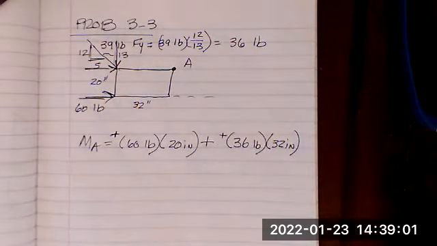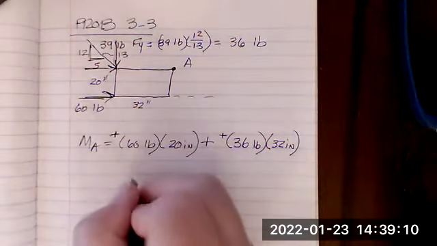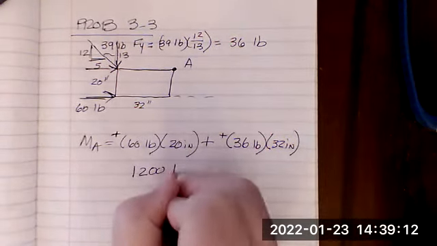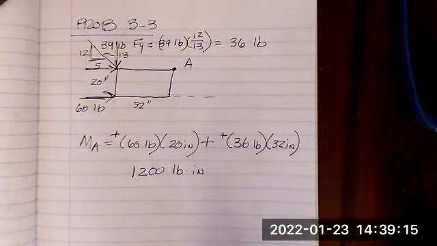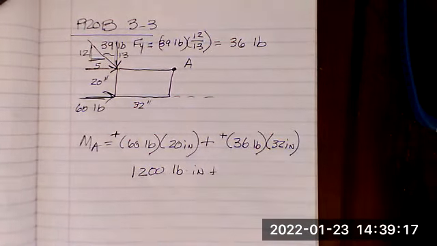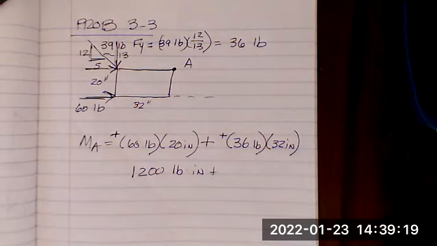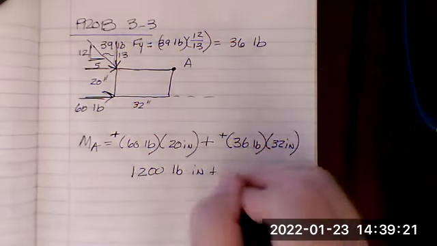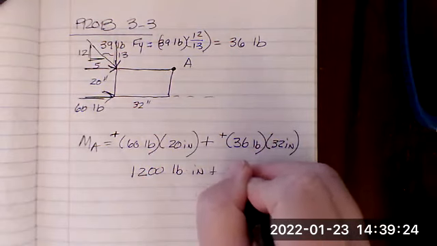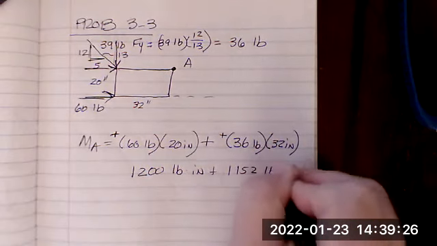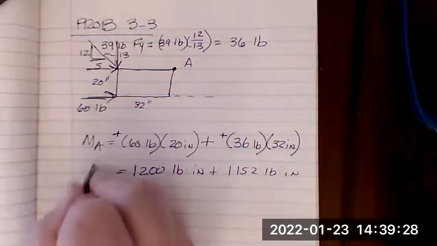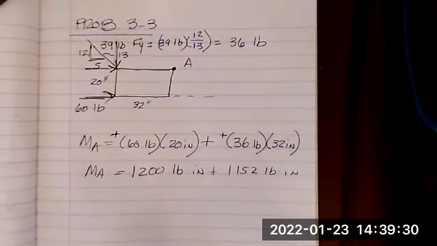Let's just check this. We got 60 times 20, that's 1,200 pound inches, plus 36 times 32 is 1,152 pound inches. They're both positive, so we add them together.